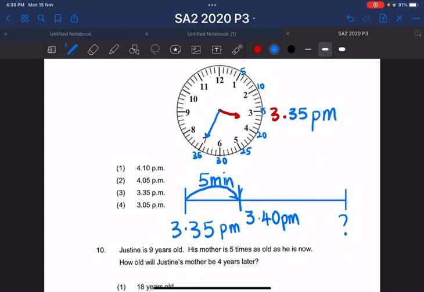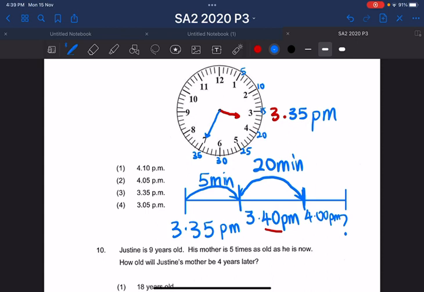Now if you look at the minutes, it's 40 right now. So what I can do is skip another time, and this time round I skip 20. Do you know why I skip 20? Because 40 plus 20, mental sum, gives me 60. Okay, so 60 will bring me to another time called 4 o'clock.